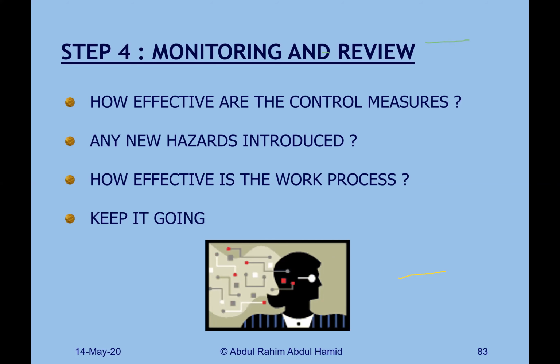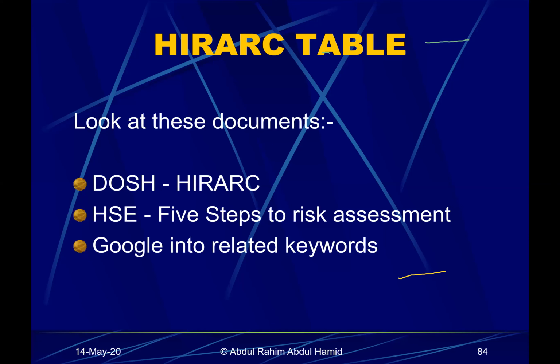And the control measure that you proposed is not going to be relevant anymore. You need to revise. This is what you call review. So you conduct the hierarchy exercise, and then you put it into a so-called hierarchy form or hierarchy table.